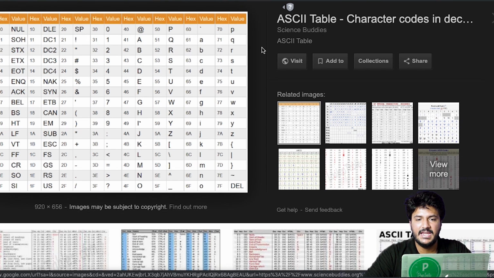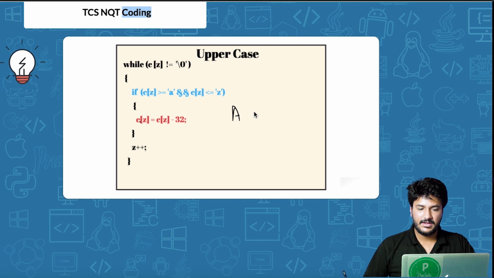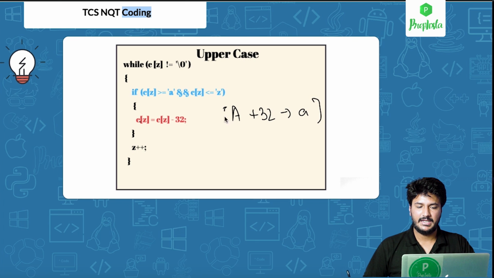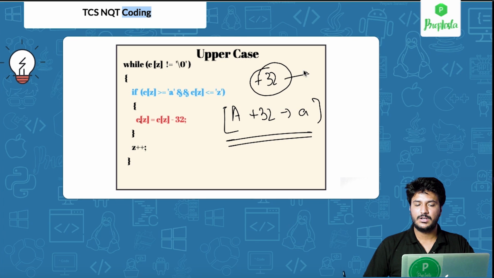So capital A and small a are defined by one particular rule: for capital letters, A plus 32 will automatically be small a. So if you want to get the small letter of anything, just add 32.